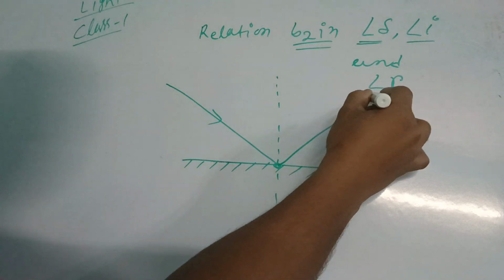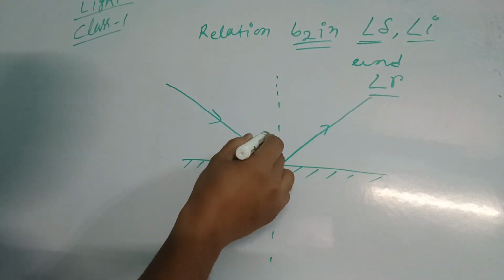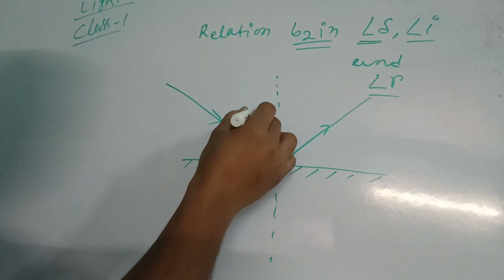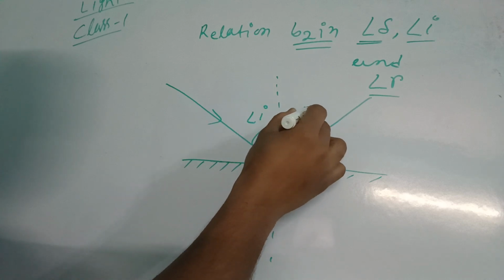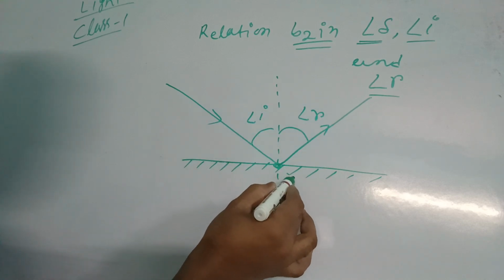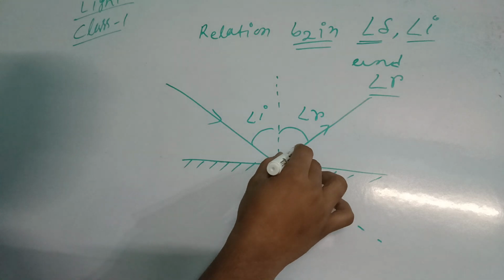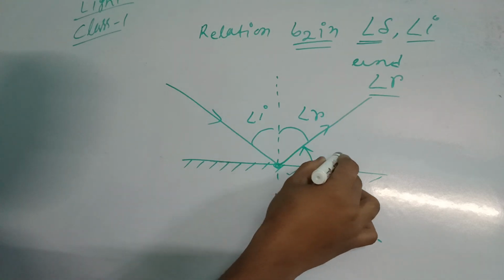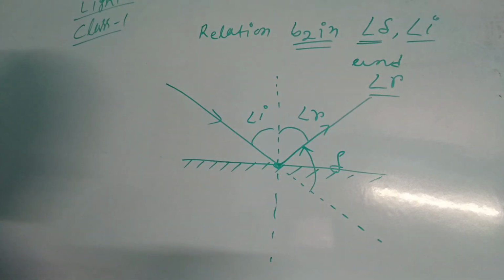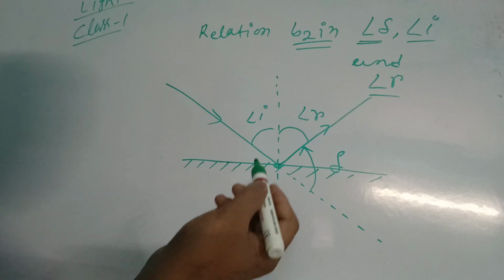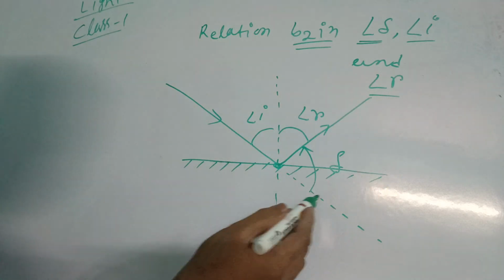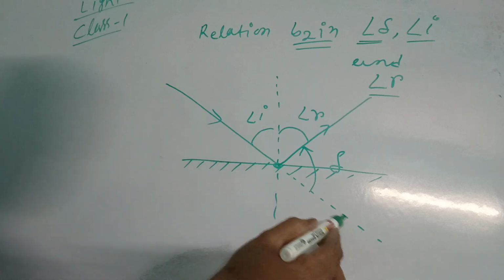This is the reflected ray. This is angle I, this is angle R, and this angle is known as delta, the angle of deviation. So what is the angle of deviation? The angle between the reflected ray and the extended incident ray.